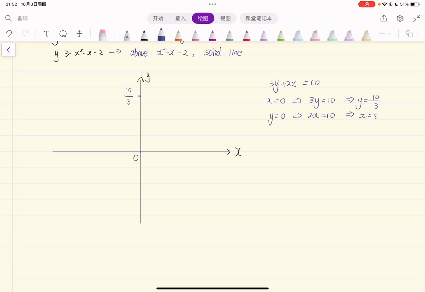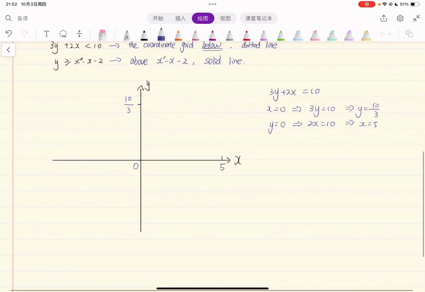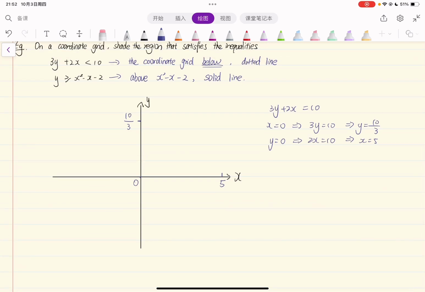Here is the origin and x equals 5, probably here. Then you need to use a ruler to draw that, but I don't have one, so I simply draw it. Remember to use the dotted line and pass through those 2 points. So here is 3y plus 2x equals 10.